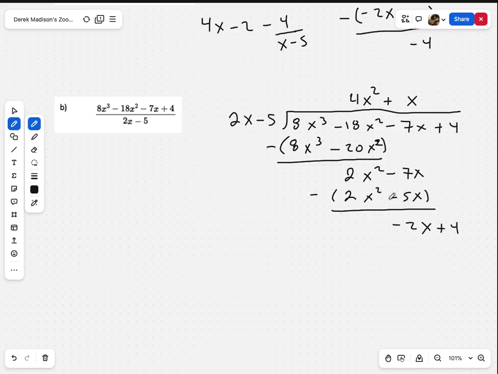What do I multiply 2x by to make it negative 2x? That'd be a minus 1 right there. So minus 2x, minus minus, make that a plus 5. And then we're subtracting, so 4 minus 5, the remainder would be negative 1, so I could write this with minus 1 over 2x minus 5, if I was writing on paper.